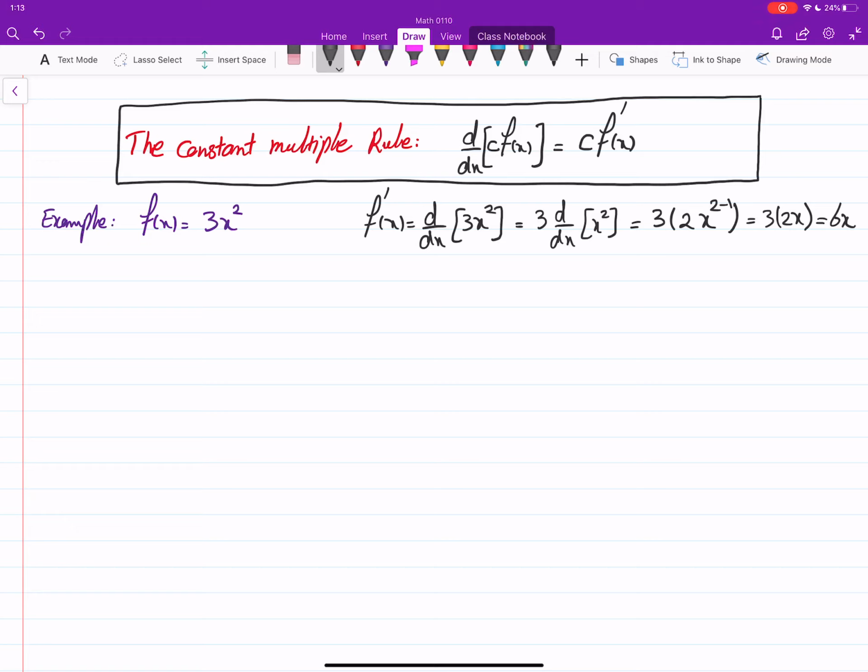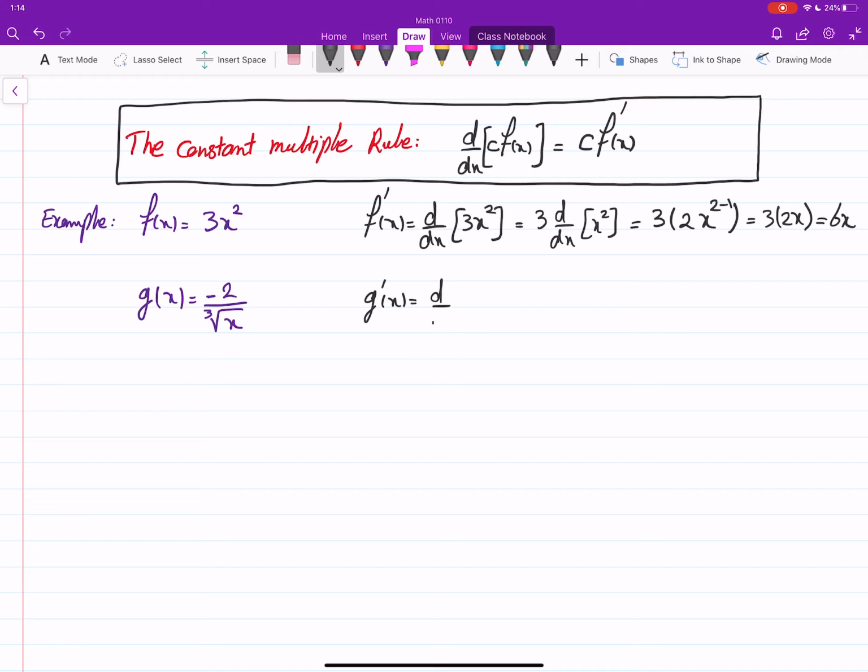What else? I can have something like, let me change the names a little bit. g of x is equal to negative 2 over the third root of x. We are trying to find g prime of x.